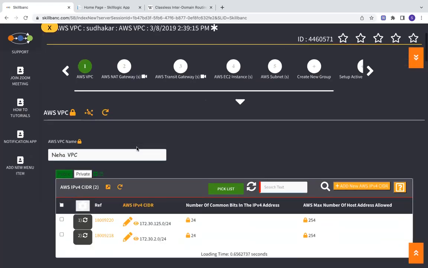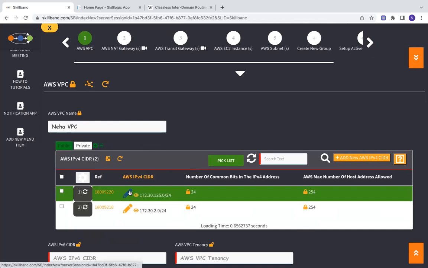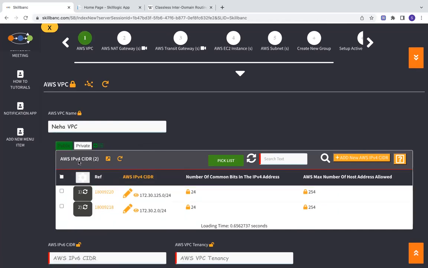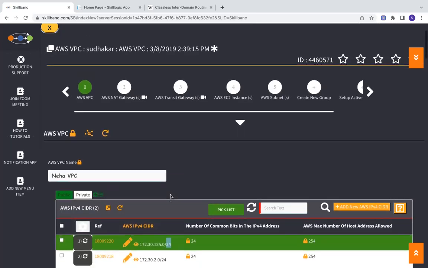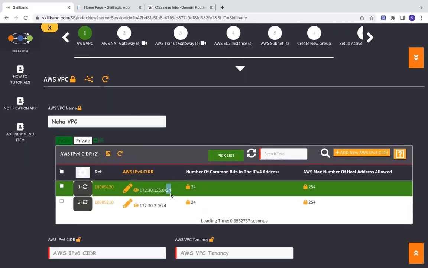and then in this VPC, we have defined two IPv4 CIDR blocks, and this is the naming convention, this is the notation, and we're going to analyze what this notation is and what are the intricacies in this. This /24 basically tells us how many bits are common in this subnet.